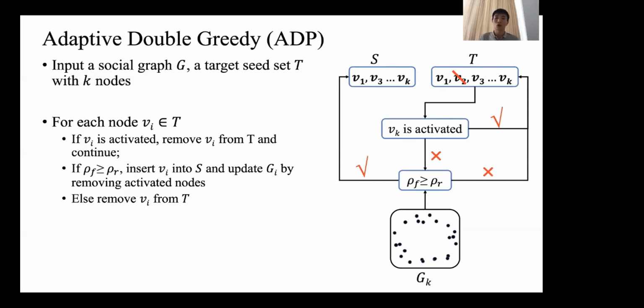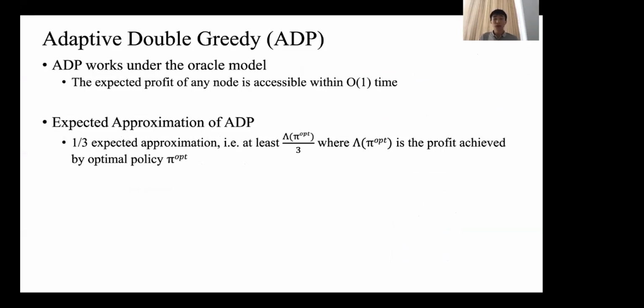So on and so forth, we finally find a set of users, and this policy is adaptively based on our observation or the feedback. So we prove that our policy can obtain a constant factor of 1/3 approximation ratio compared with the optimal policy. This is very promising, right?